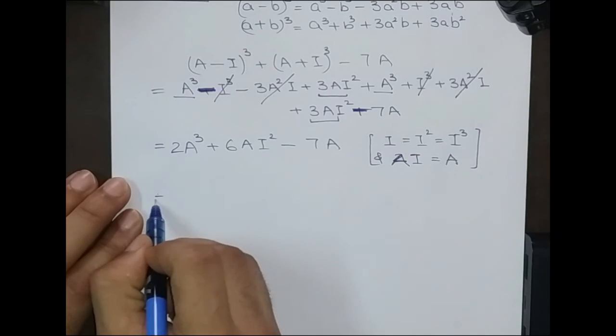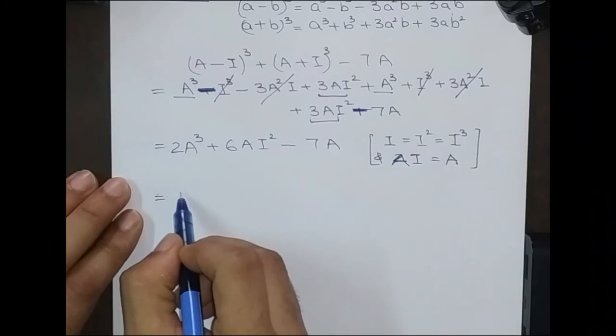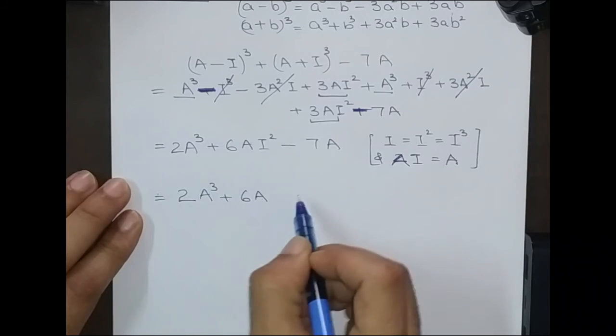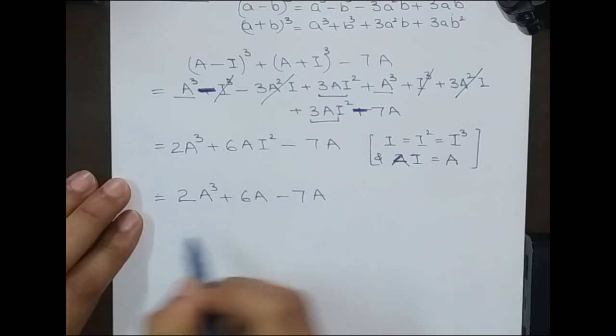So we'll get here 2A cube plus 6A minus 7A.